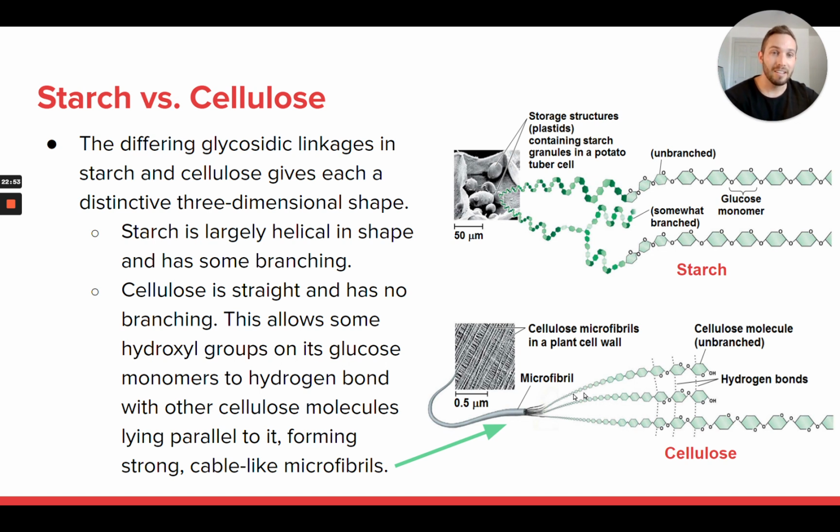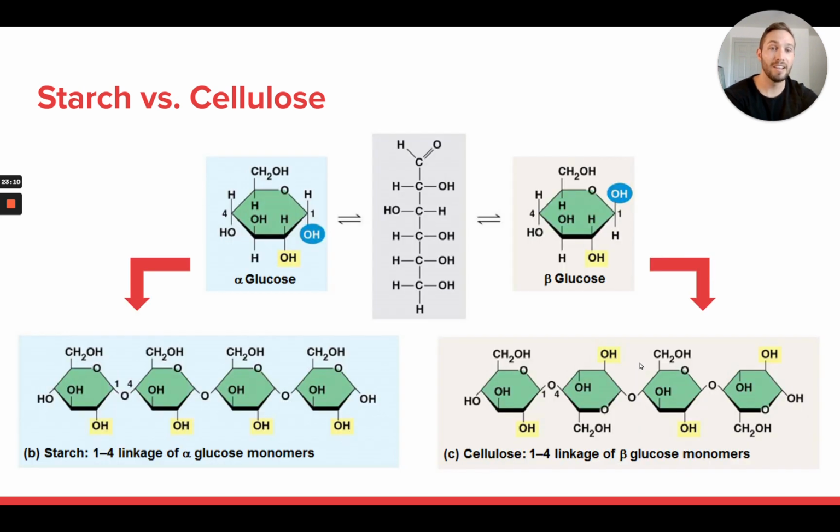And you see there's no branching, it's very linear, it's not helical, and there's a lot of hydrogen bonding occurring between these parallel strands that form these bundles called microfibrils that are very, very sturdy, building the cell wall of plant cells. And it's because of these glycosidic linkages being arranged a little bit differently between the glucose monomers in starch versus in cellulose, because they're using two different versions of glucose.